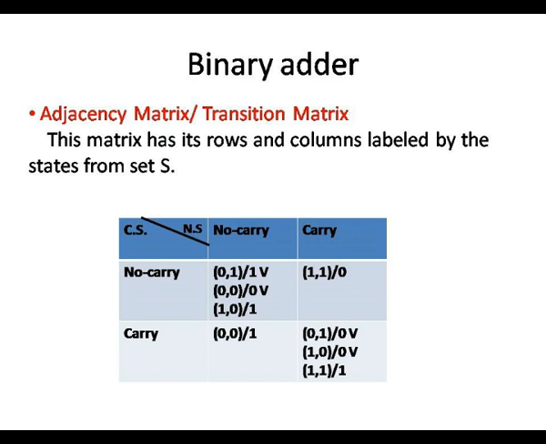If there is no transition from Si to Sj, then place the symbol dash in that place. The transition matrix is more convenient than the transition diagram, for which the drawback is that as the number of states increases, the graph becomes more complicated to draw.